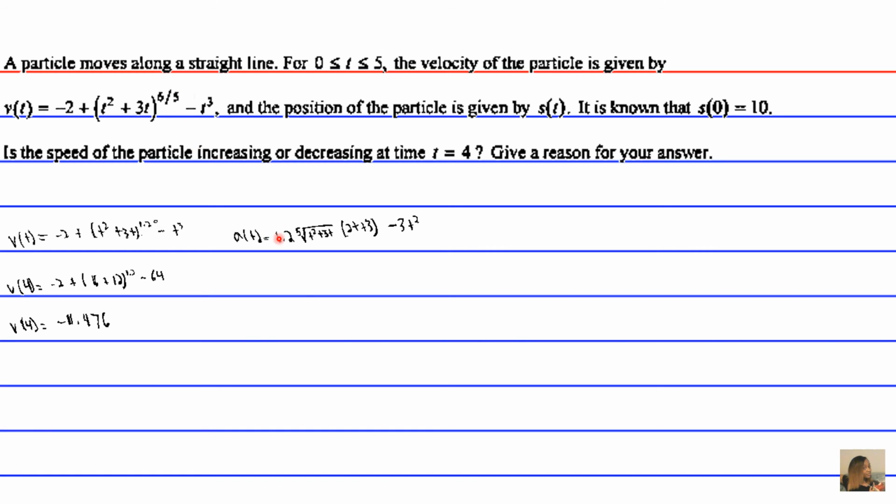which is the same thing as taking the 5th root of the term inside the parentheses, which is t² + 3t. And then the chain rule says we have to multiply the derivative of the outer function by the derivative of the inner function. So for the inner function, we just apply the power rule, letting n be 2 here, so 2t raised to the n minus 1, which is 1.